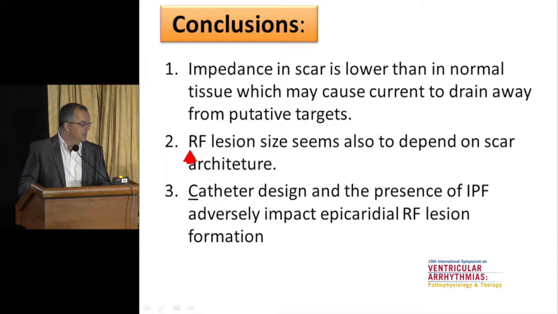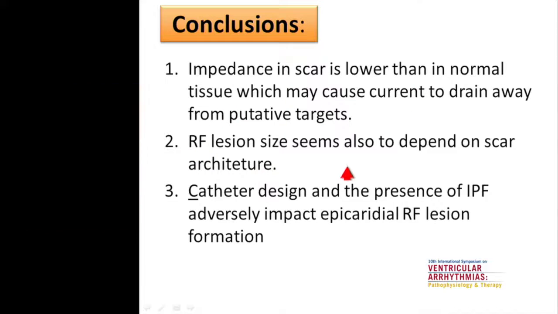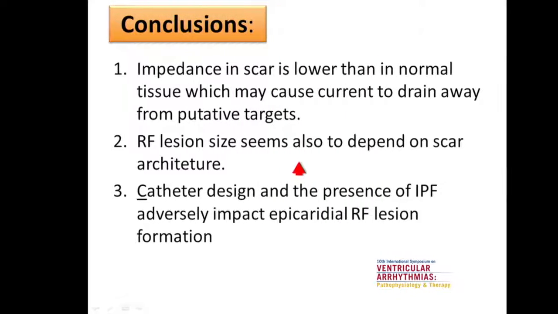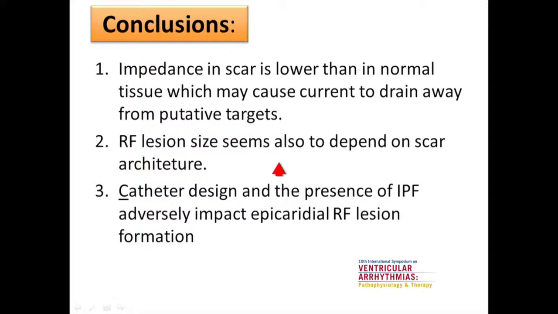So in other words, I think that RF lesion size depends on scar architecture, on where your catheter is positioned in terms of areas with low and high impedance, and you may not be able to ablate that specific area.